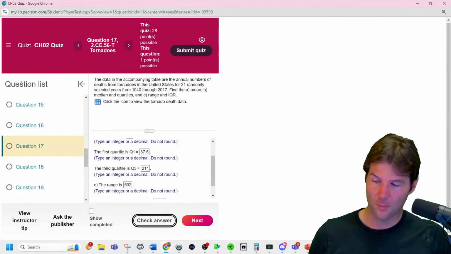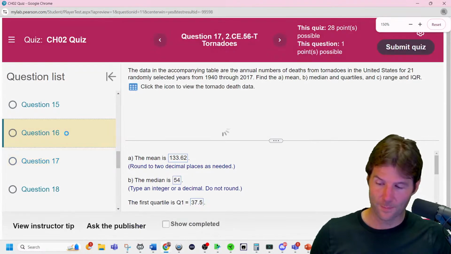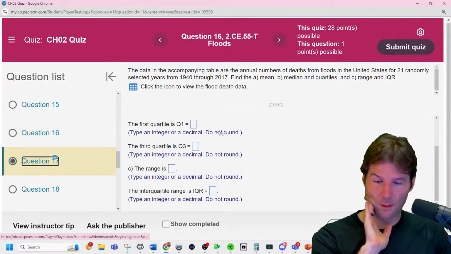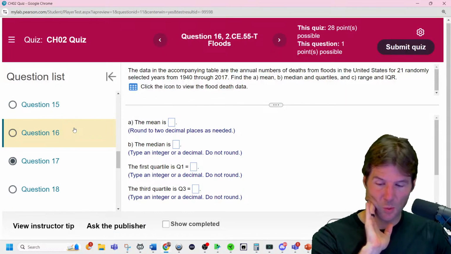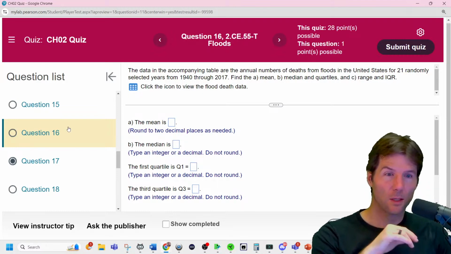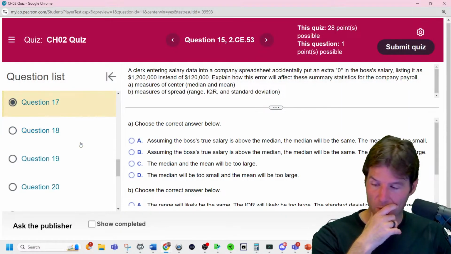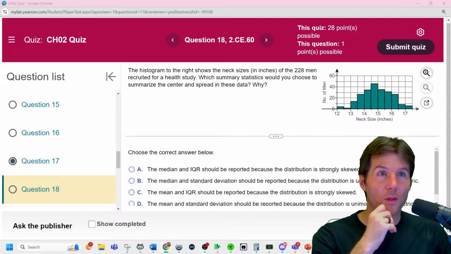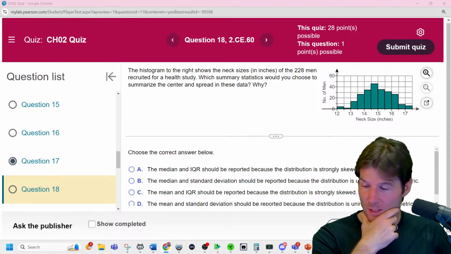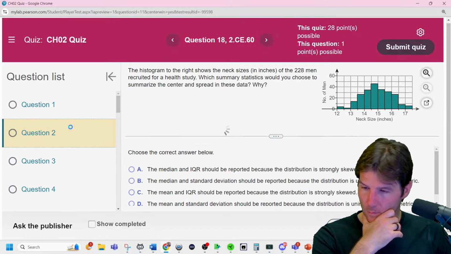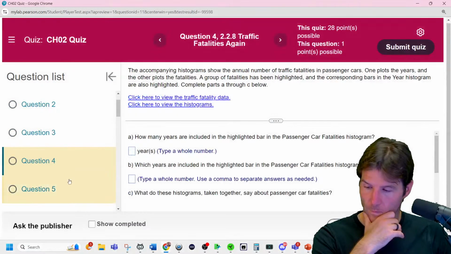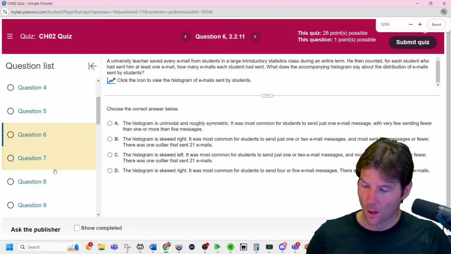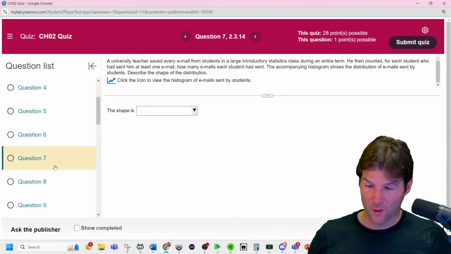And let's see the other accompanying histogram one. But that's a good question. Is it this one, Noel? Let me know if it's this one. No? Okay. Because this one's the same one. I want to make sure we do yours. You said the data in the accompanying shows the annual number of flood deaths. Okay. We will find it. Is it asked how it's skewed first? Okay, cool.